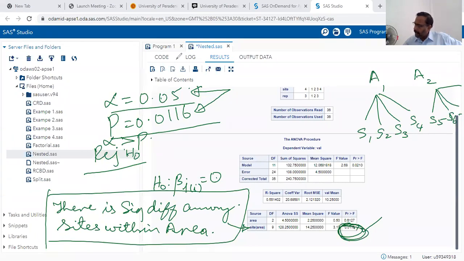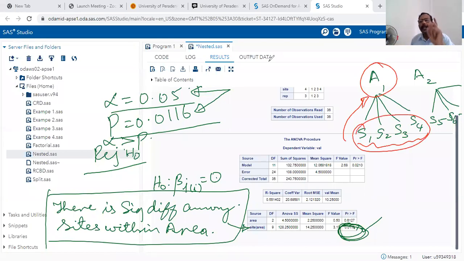What I explain is, here I am comparing only these sites within this area. I cannot cross and test with the other area. So within A1, I can test whether there is any difference between S1, S2, S3, S4. That's all.